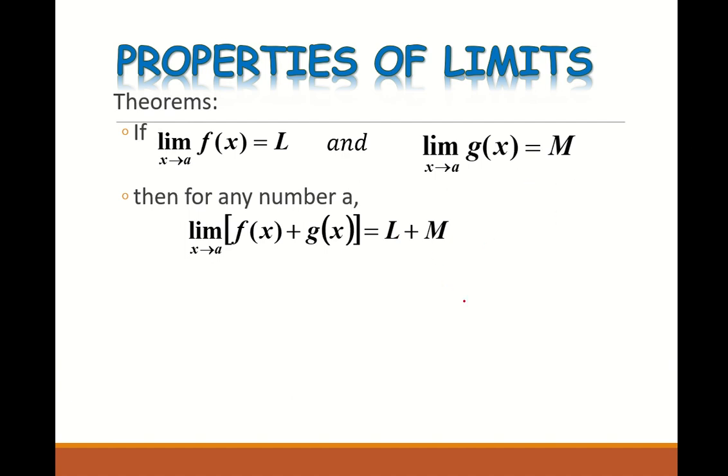Or shall I say again, if you sum up the two functions as x approaches a, then the result is equal to the sum of their limits, L plus m.